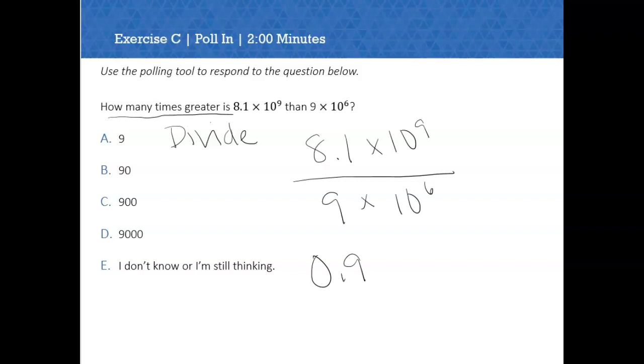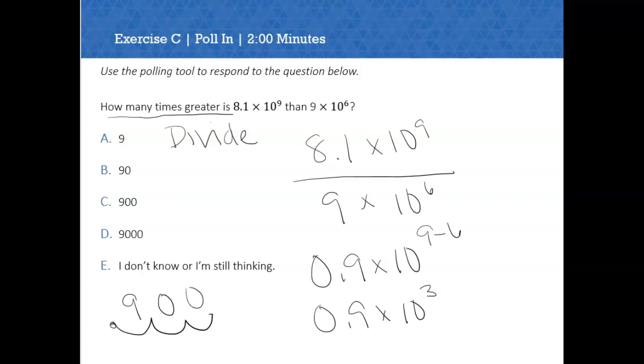So this is going to be a problem because it's not in scientific notation, but we'll look, times 10 to the 9 minus 6. 9 minus 6 is 3. So these are all in standard notation. So what's 0.9 times 10 to the 3? So we move our decimal 3 places to the right. So 900 times greater. There are many of these on the tests as this semester progresses.